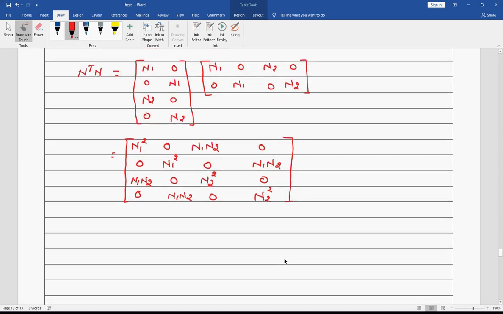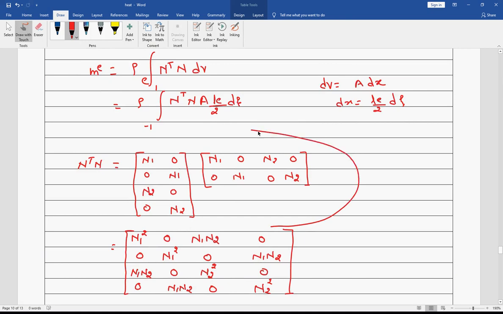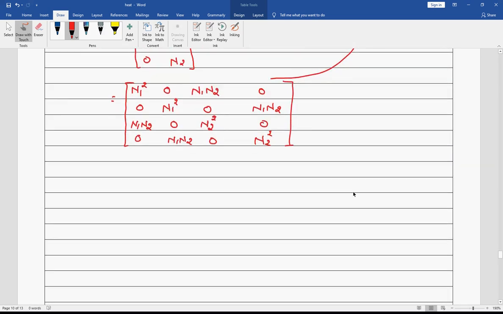Now I need to think about the integration of this matrix. This will be replaced here, and then the integration I have to do with the help of dxi. My N1 is (1 minus xi)/2, and my N1 square will be 1/4 of (1 minus 2 xi plus xi square).